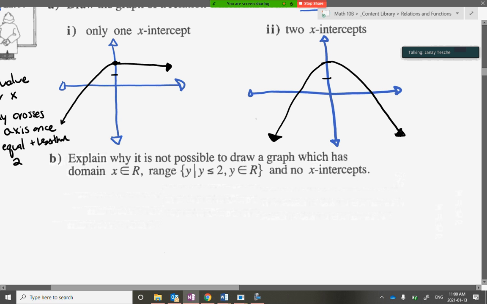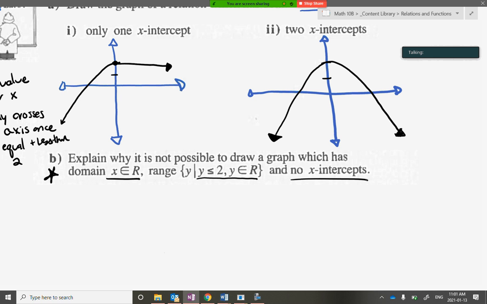So question B is also a really good question that like math teacher loves it. Explain why it's not possible to draw a graph that has a domain of x as an element of the real, so x can be anything, but y is less than or equal to 2 and has no x-intercepts. Well, because it's less than 2, which is above the x-axis, and it goes on forever, it would have to cross the x-axis. Good, right on.